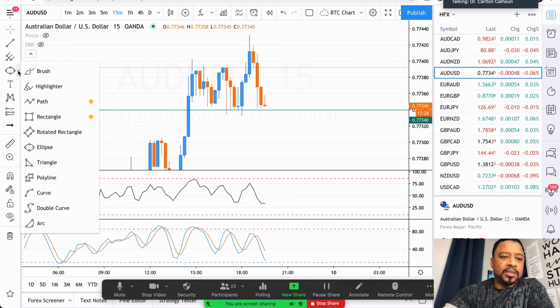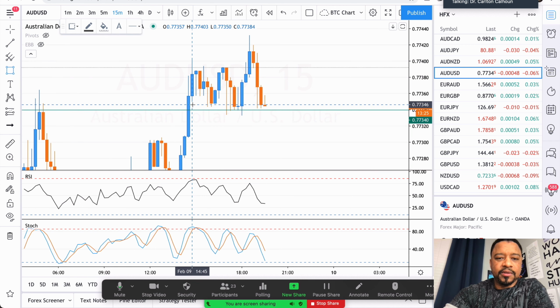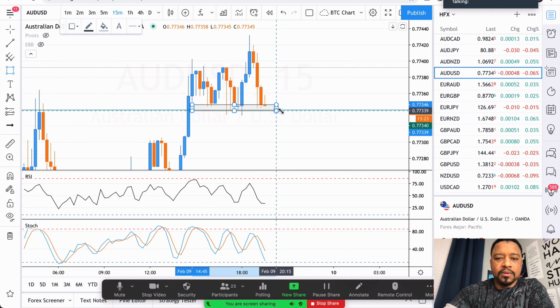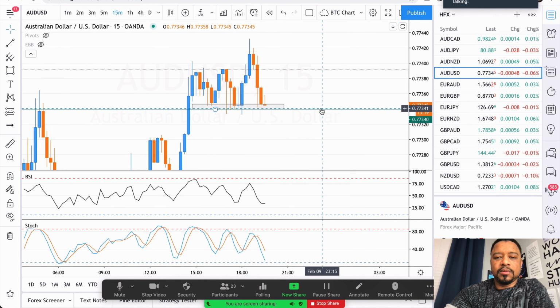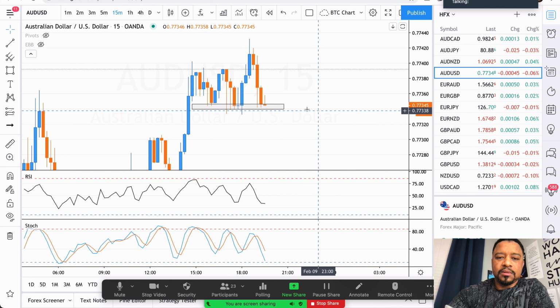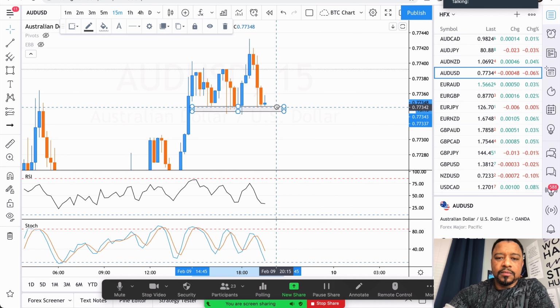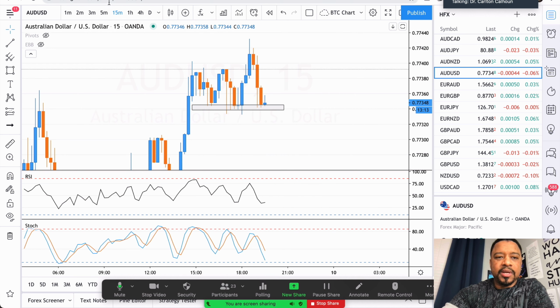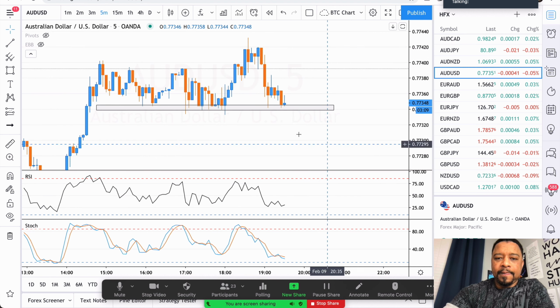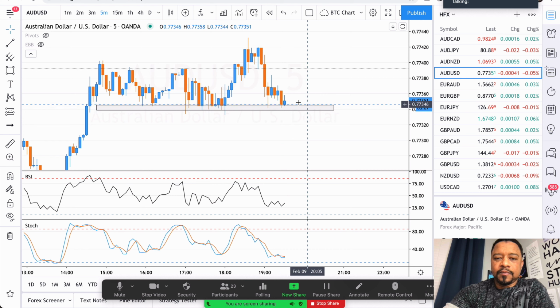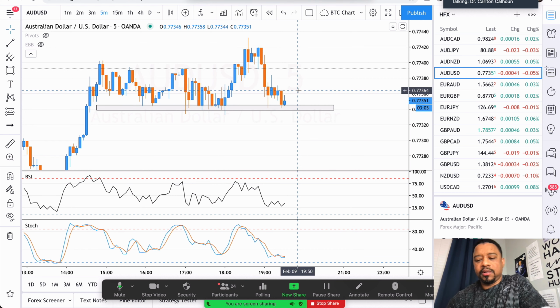Let me put a rectangle down here so you can see it. See how it's bouncing around that area? This is an area I would be looking for a potential trade.